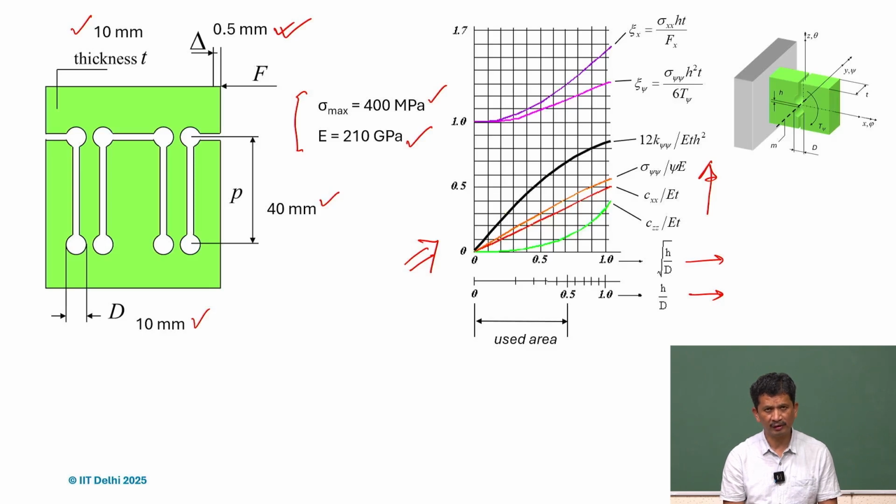But if we really want to know the numbers, one thing we can always do is FE analysis, to check how close these numbers are.